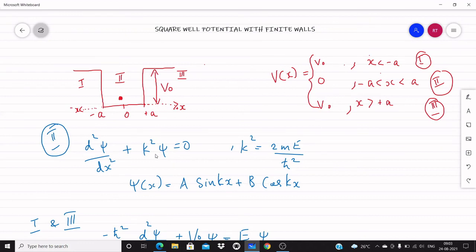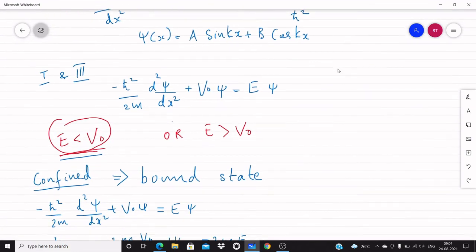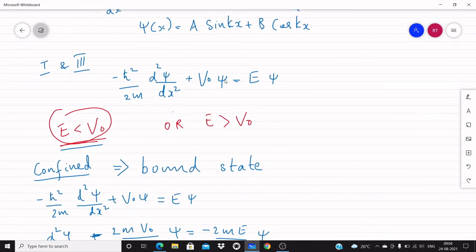And we also wrote the Schrodinger equation in various regions, and in region 2 you have V0 equal to 0. As this situation is the same as a particle in a box, you have the constant k square is equal to 2mE by h cut square, and the possible wave function is this one. In 1 and 3 the condition is the same, so we take the same kind of Schrodinger equation by applying V0.